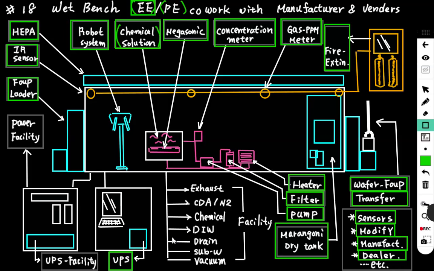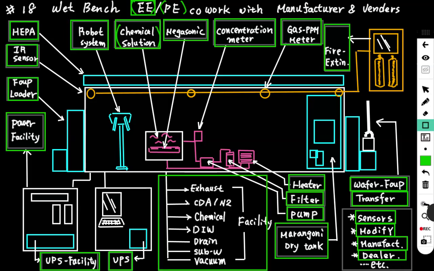And of course, the equipment engineer needs to co-work with different departments at the fab, just like the manpower from the fab facility and the UPS from the fab facility.